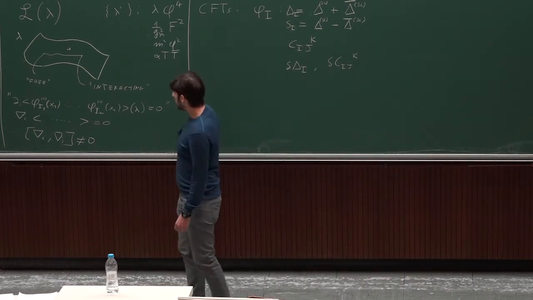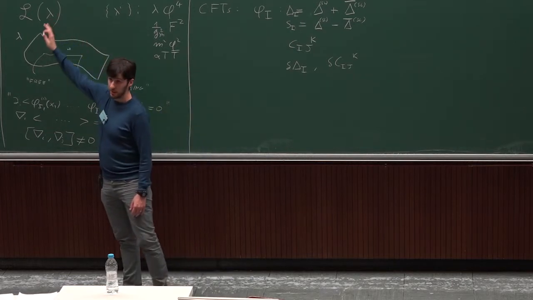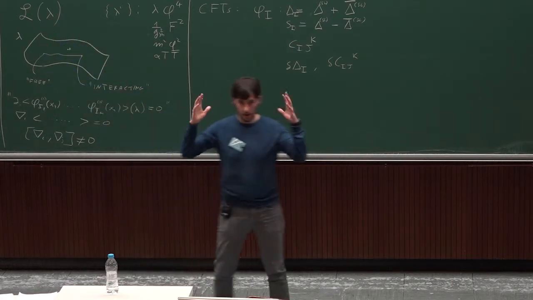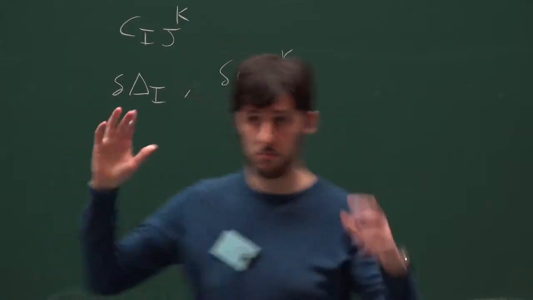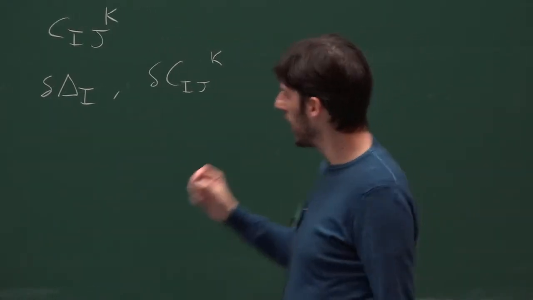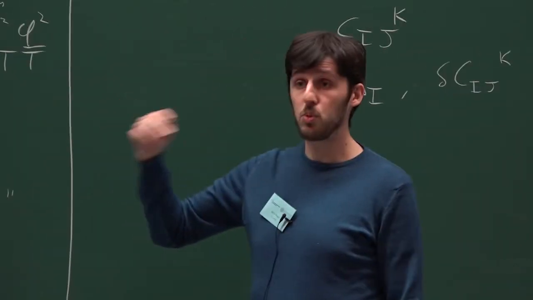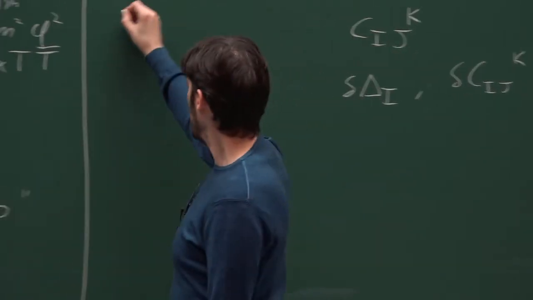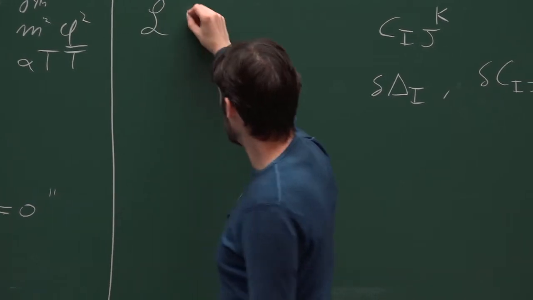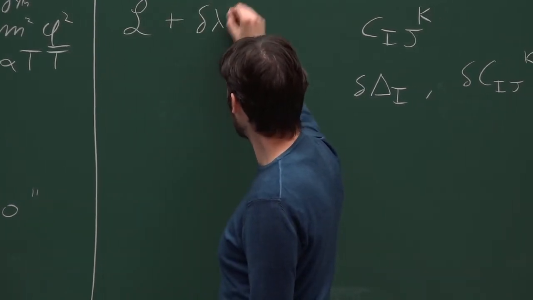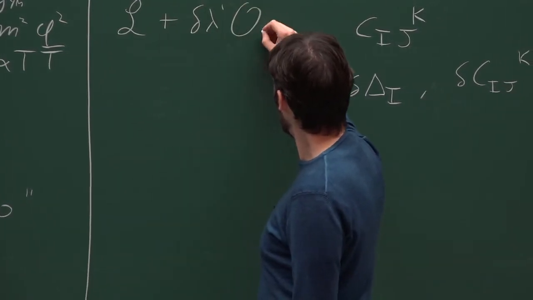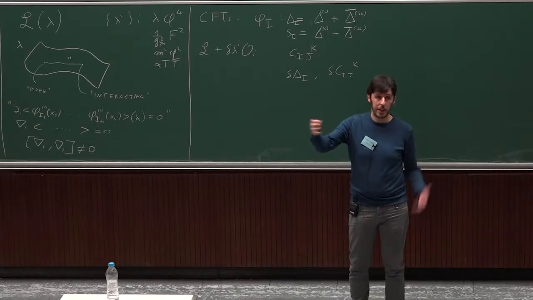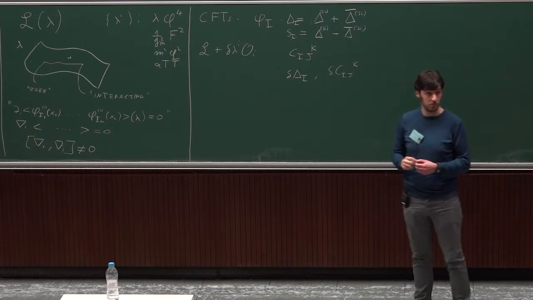So let's go back to the language of Lagrangians, just to have something clear in our mind. If we had a Lagrangian, what would it mean to change the parameters infinitesimally? Well, it would just mean that to your Lagrangian, you add some operator, the operator that multiplies the coupling constant, if you want.